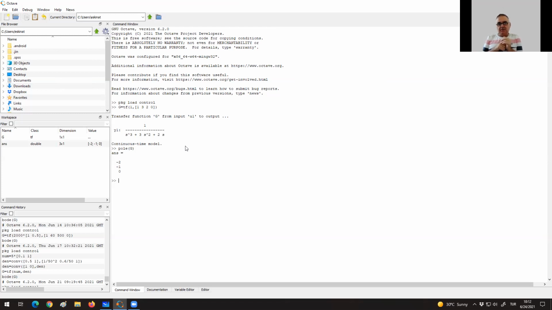Okay, very simple system with an integrator in it.